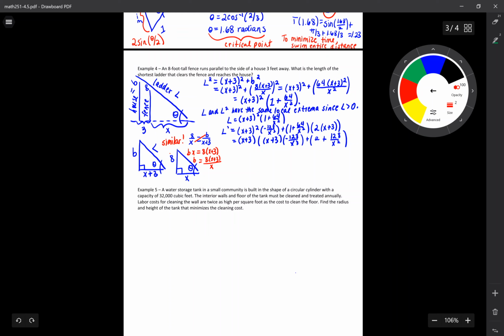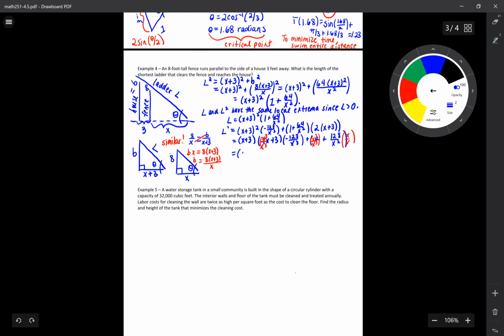Our common denominator here will be x cubed. I need to multiply this 2 by x cubed over x cubed, and I need to multiply this 128 over x squared by x over x.